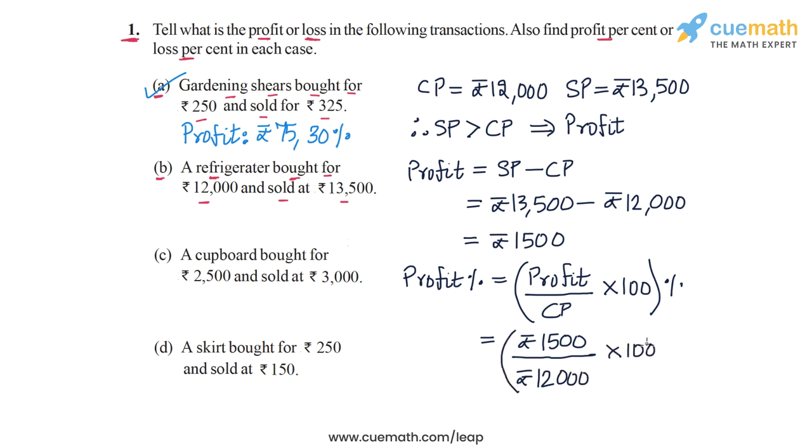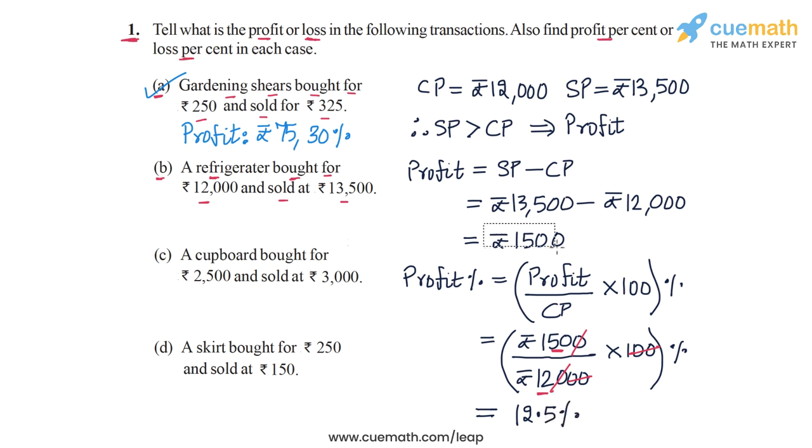Now let's simplify this. We can cancel out 2 zeros from here, and then 1 zero from here and here. So we get 150 by 12, and if you carry out this division, this will come out to be 12.5. So we will get 12.5% as the value for the profit percent.